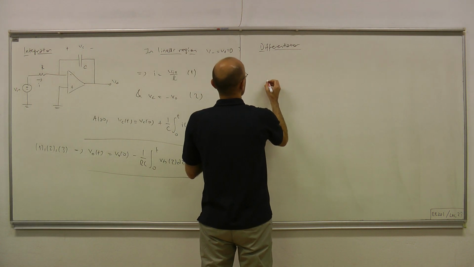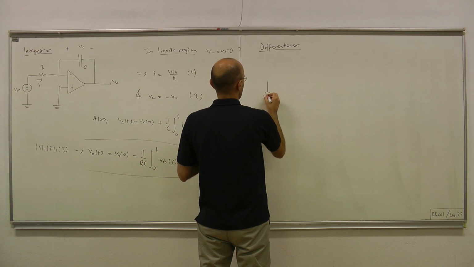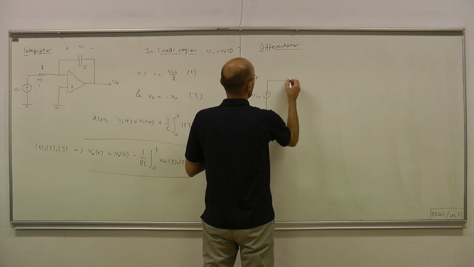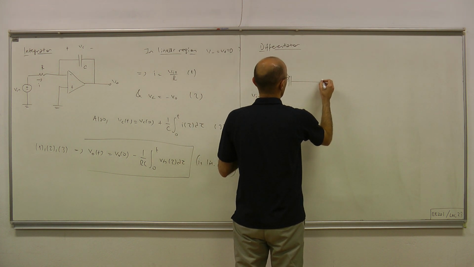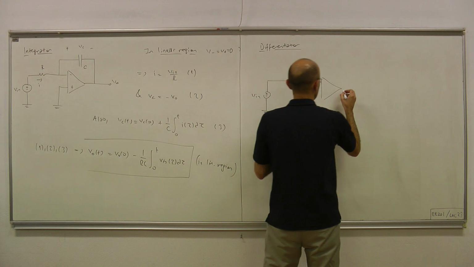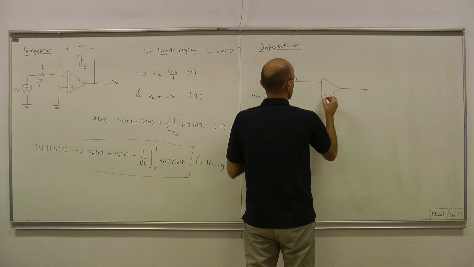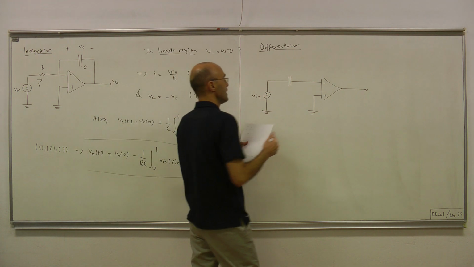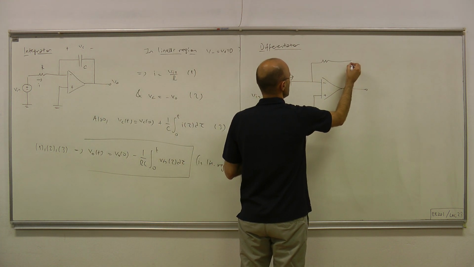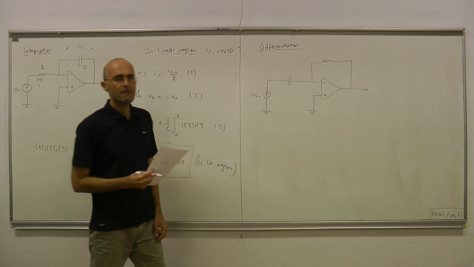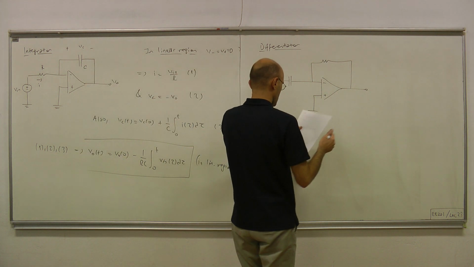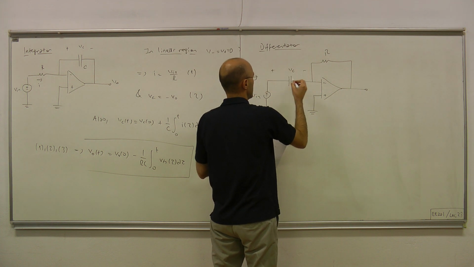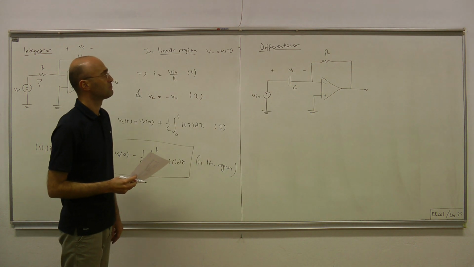Swap them. So this is the input voltage. It's connected to a capacitor, and that's connected to the inverting input, minus. Here we have ground as before, and the feedback connection now is established by an LTI resistor R. Plus minus VC, and the capacitance is C.